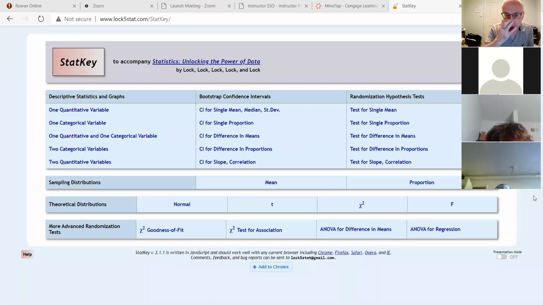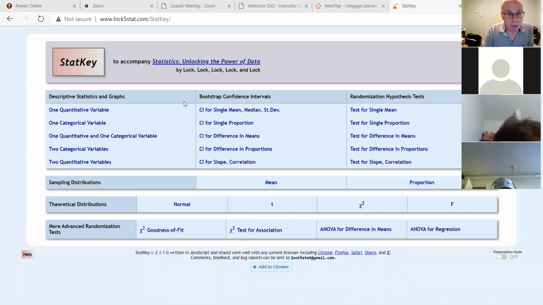I did go over it in the videos, how to use it. I did sort of warn you that if you don't become familiar with StatKey, and then you have a quiz or a test, and you're learning it for the first time when you're taking the quiz or test, it's not a great idea. So I hope you've been playing around with it so you're somewhat familiar with it, hopefully listening to the videos that I recommended, all that sort of thing.